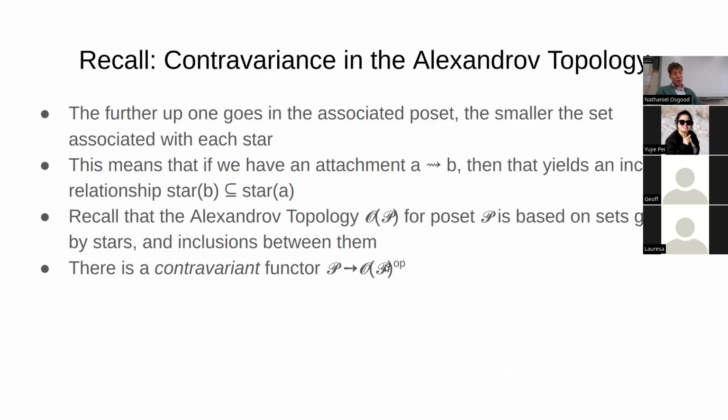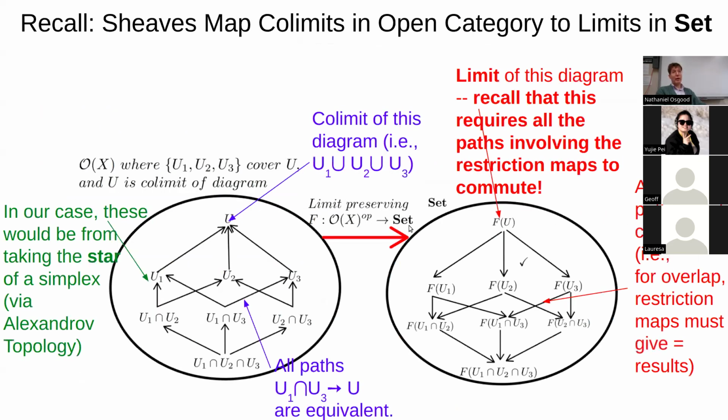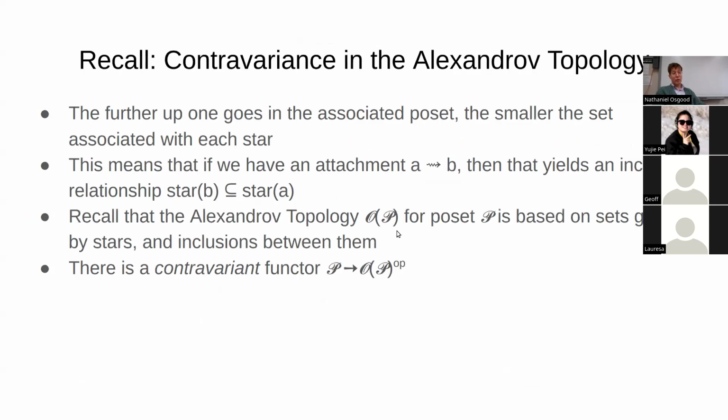Well, this is contravariant in its own way, right? This is a contravariant functor here, and this is contravariant here, right? So this is something where I would really need to check the notation.